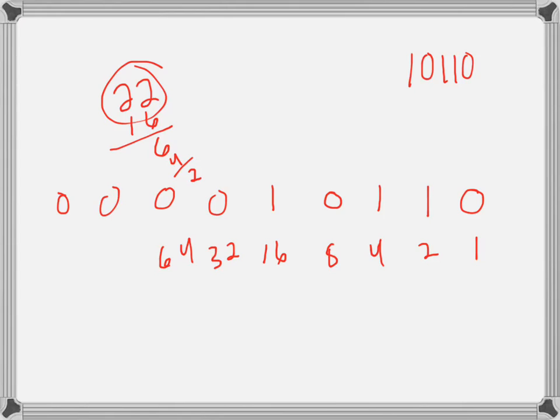You can write it like this, or a lot of times what we do is we like to try to fill out a whole byte. So you would put in 3 zeros here in front, and that's a whole byte of information. That'd be the number 22. So really you start with your decimal number and you figure out what's the first place value that can fit into that and turn that one on.